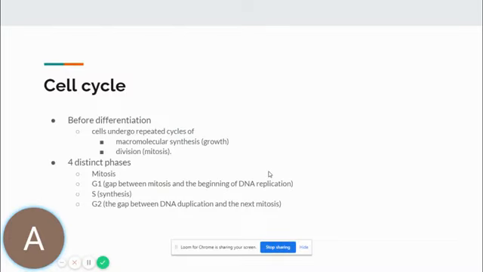You need to eat, sleep, drink water, like G1. Mitosis is the work. After the work, the cell divides, so the cell is small again because the components were divided. It has to grow again before it can replicate its DNA. So that's G1.